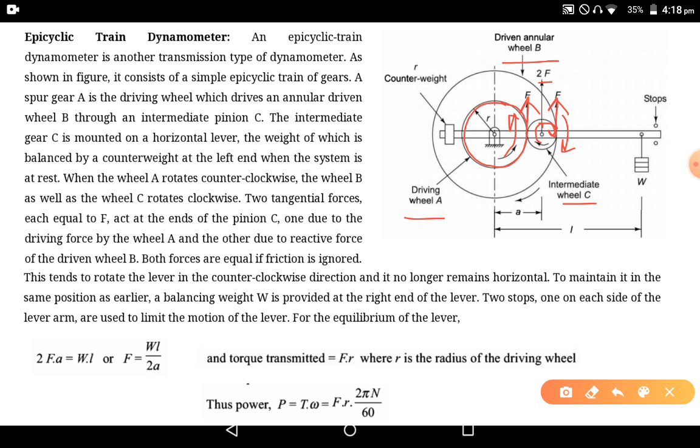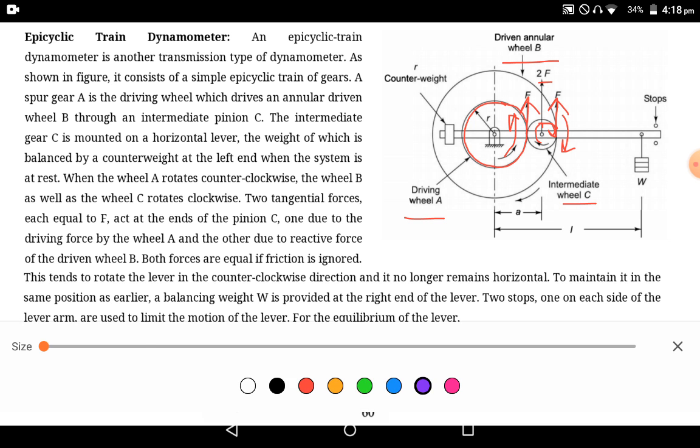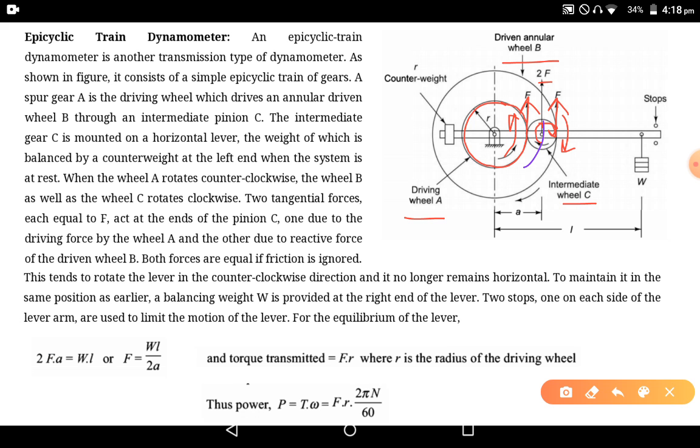This planet wheel is now mounted on a lever which is connected to the center of rotation of the driving wheel, right, and the center of rotation acts like a fulcrum for this lever, right. So when the force 2F is applied on this planet wheel, it will try to rotate the whole system in the anti-clockwise direction, right.